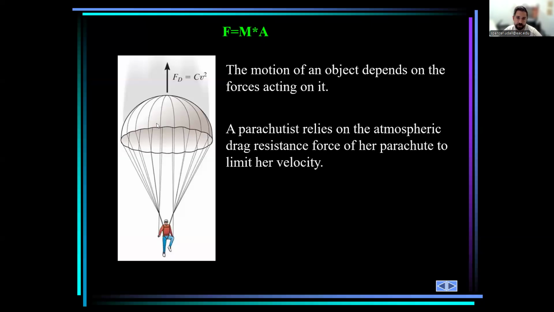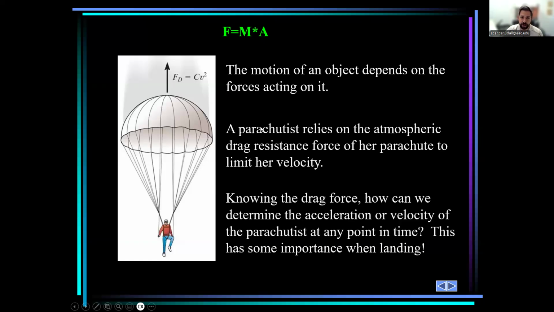So the acceleration, for example, of this parachuting person: they've got a drag force going upwards and they've got their own weight force going downwards. And so their acceleration would be a combination of what forces are acting on them and what their mass is. We could figure out what their acceleration is.